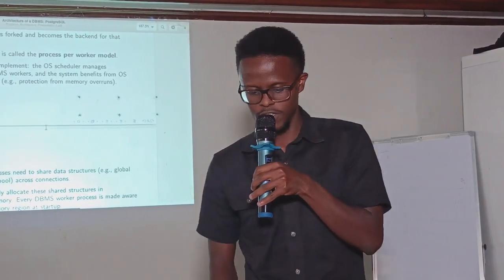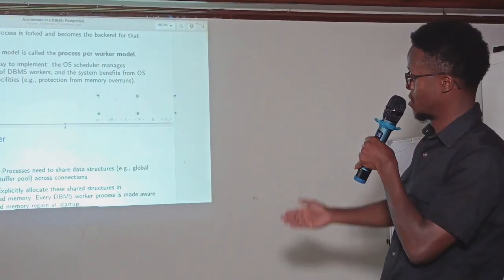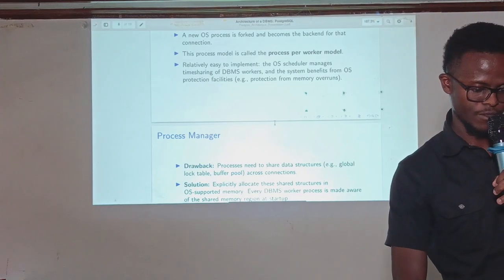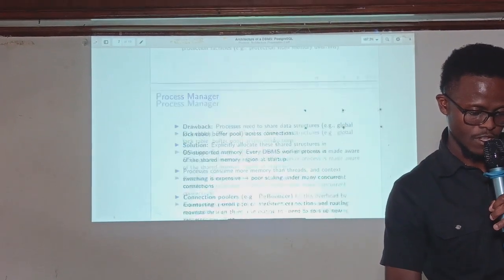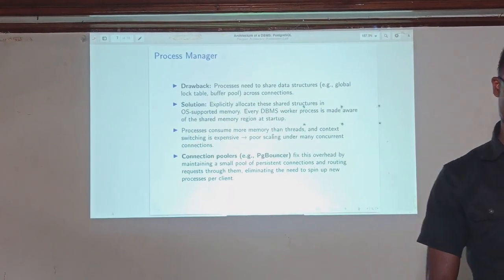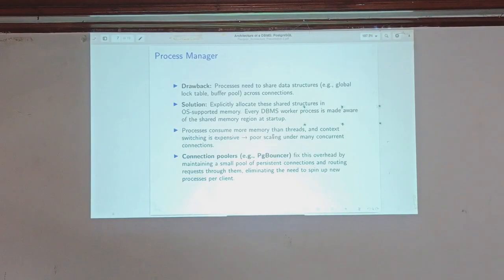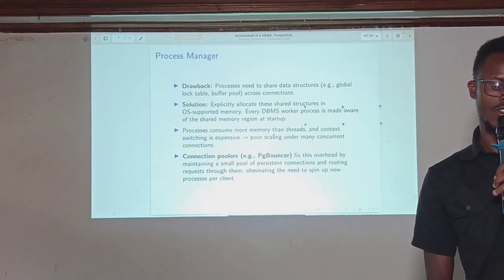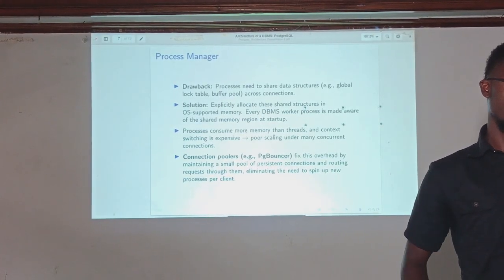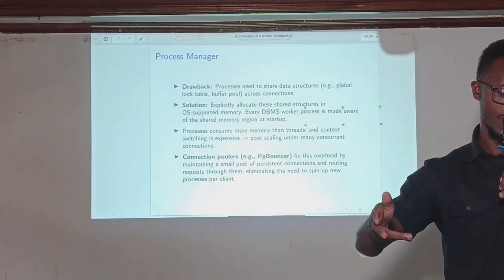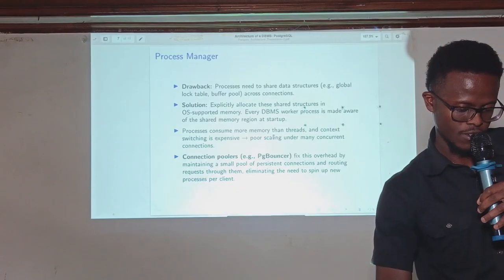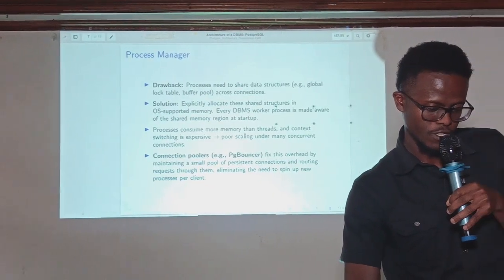The programmer doesn't have to worry about things like memory overruns because this is managed at the OS level. The drawback to this model is that processes need to share data structures. For example, the global lock table and the buffer pool need to be shared across all these connections.